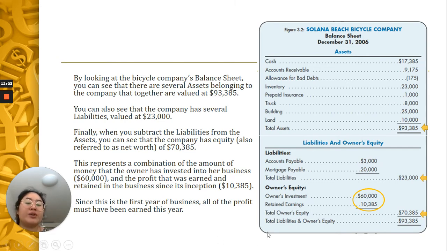When you add total liability and total owner equity together, 23,000 plus 70,385, you get total liabilities and owner equity of 93,385. So this side equals the other: assets equal liabilities plus owner equity.